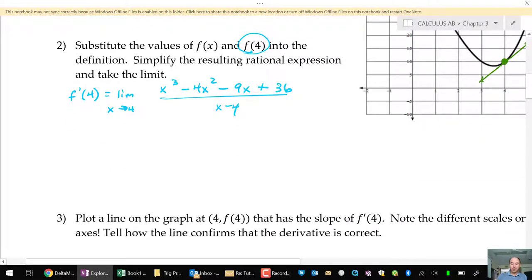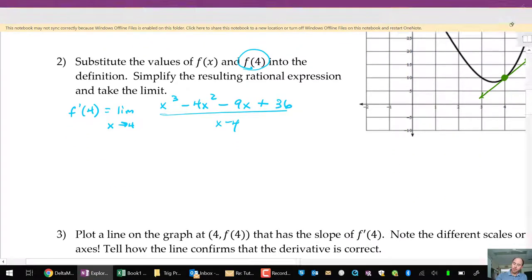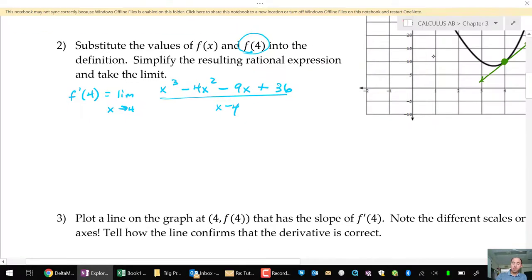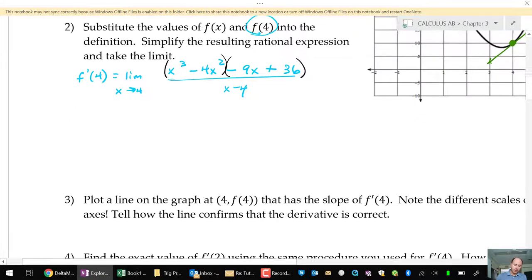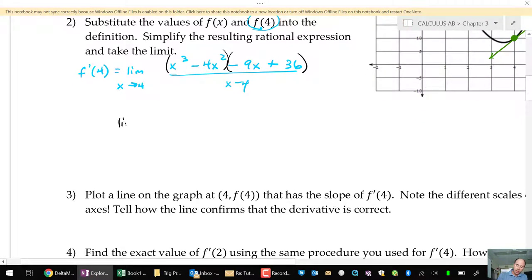Now, I actually can factor by grouping, and that will be a nice plan B strategy. So group accordingly, and let's see what we have here. The limit as x approaches 4 of, let's see here, x squared times x minus 4. Factor out a GCF of a negative 9 to get x minus 4.